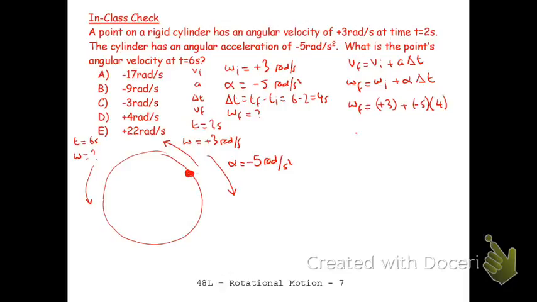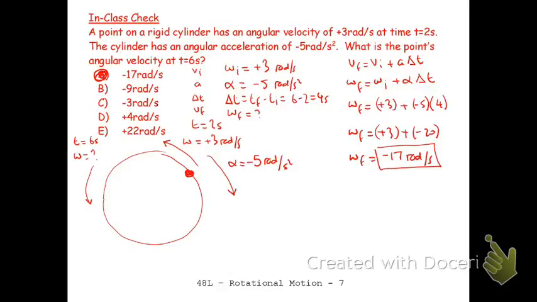So omega f is equal to plus 3 added to minus 20. Omega f is equal to minus 17 radians per second. So the numerical answer is A.